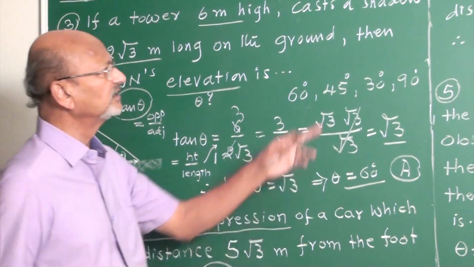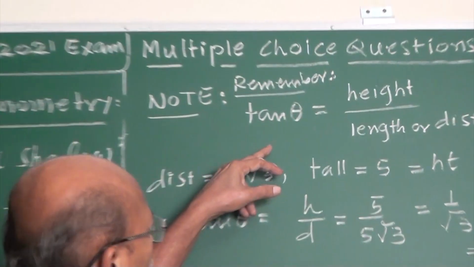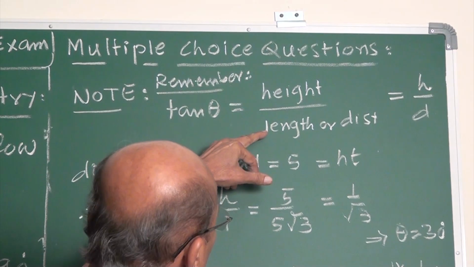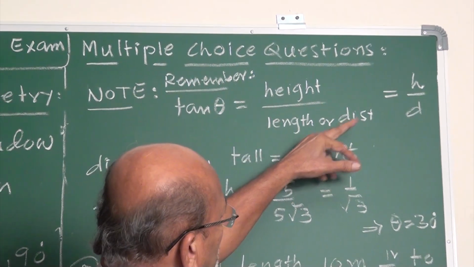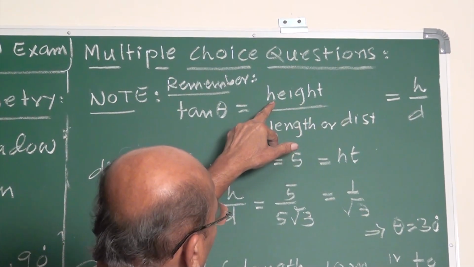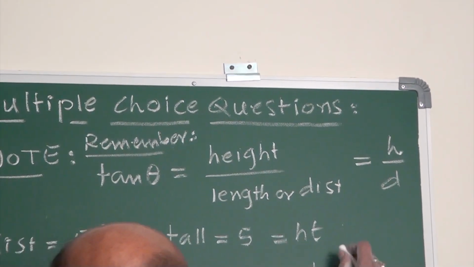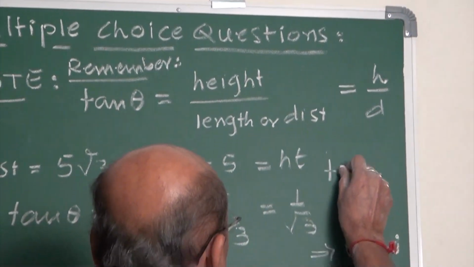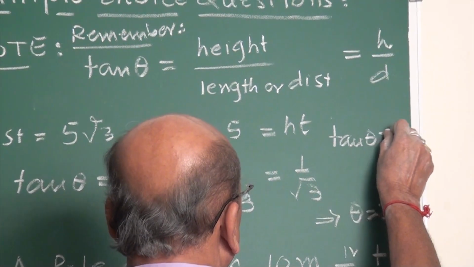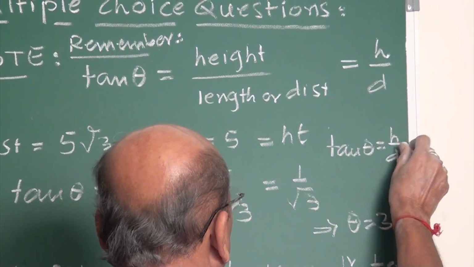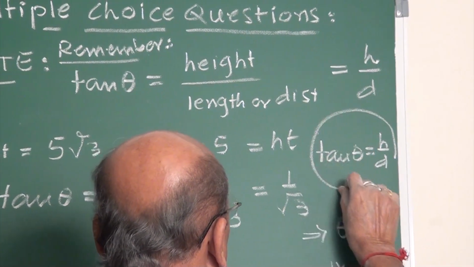I have written a note here. Tan theta equals height upon length or distance, which is h upon d. You remember only this, my friends. Tan theta equals h upon d. Remember this.